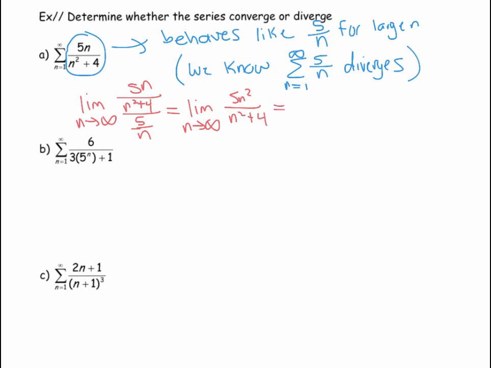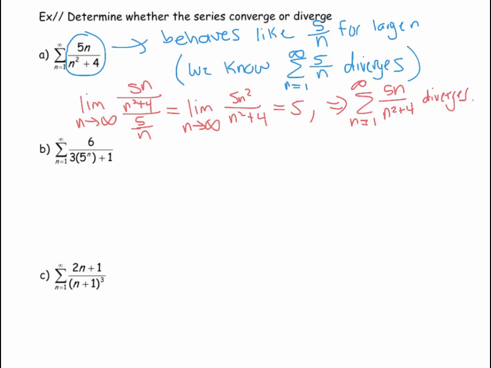But that clearly equals 5. And since 5 is not infinity and it's not 0, that implies that that series diverges. So that's the limit comparison test.